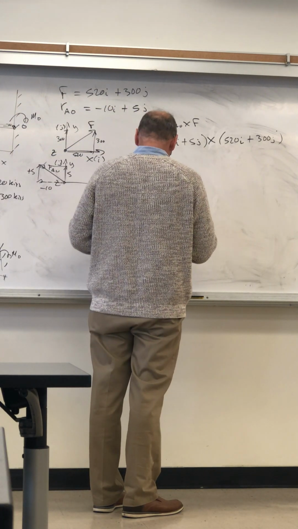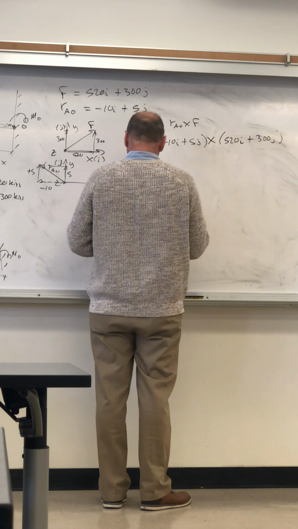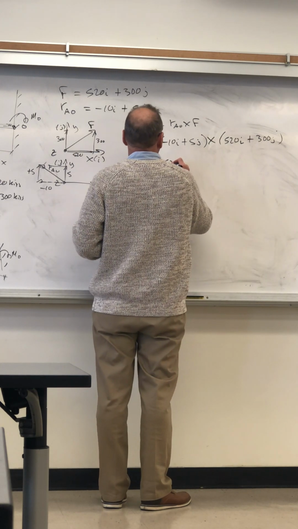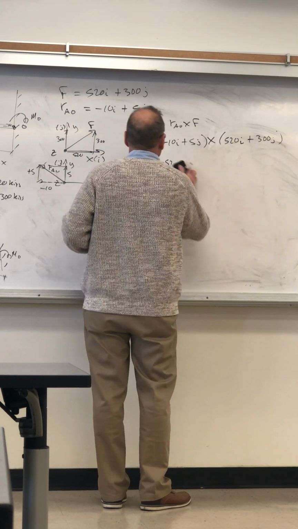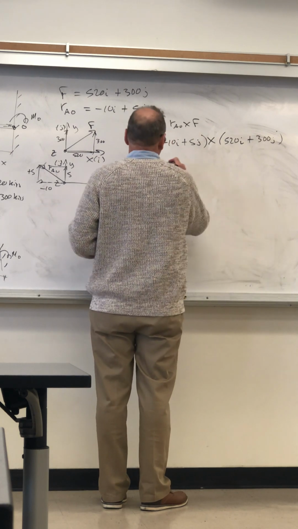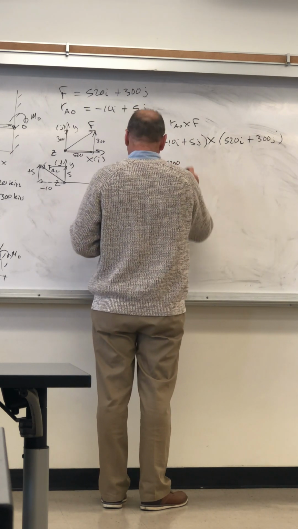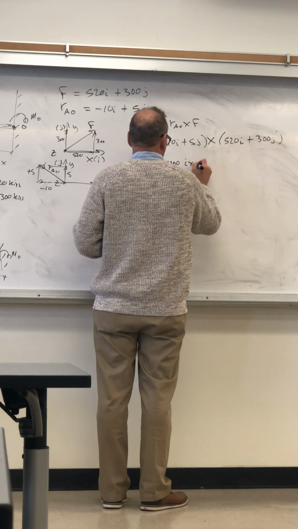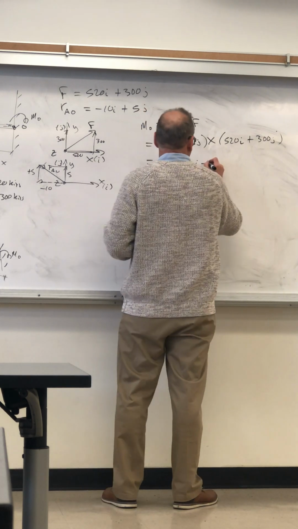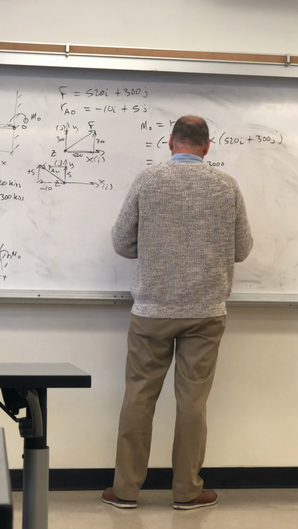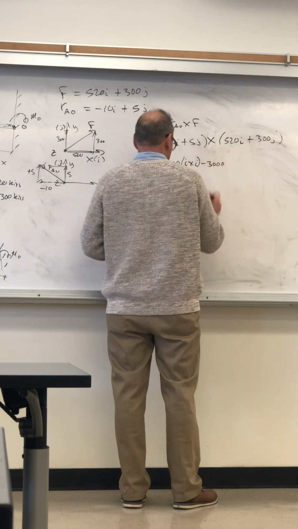And we end up with this equal to minus 5,200 I cross I minus 3,000. Let's put brackets around these things.